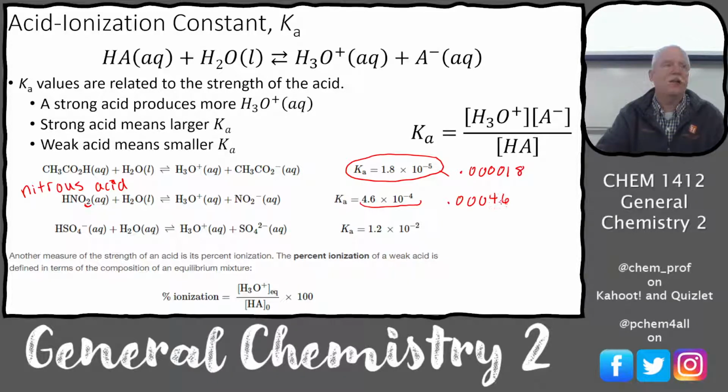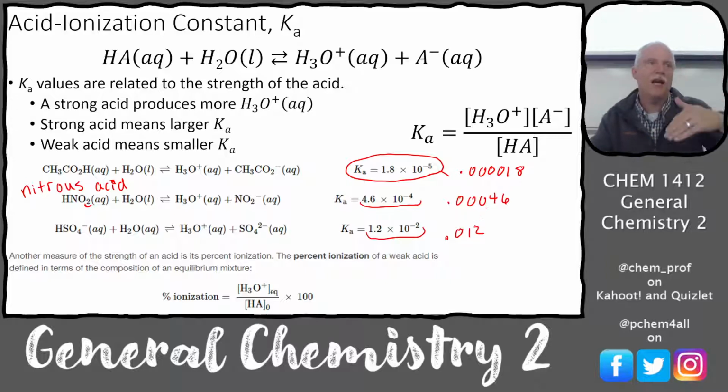You see, this is a larger number by like 40 times larger. Okay. And then here's the hydrogen sulfate ion, and it's a weak acid, 1.2 times 10 to the minus 2, so it's 0.012. So it's a stronger acid than the other two.